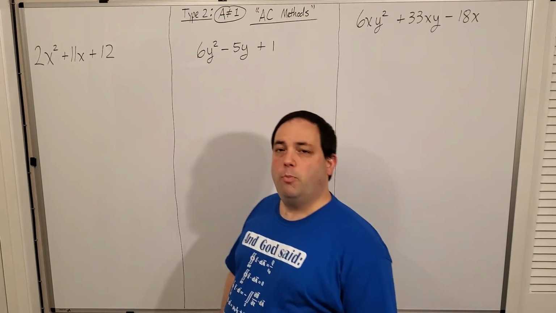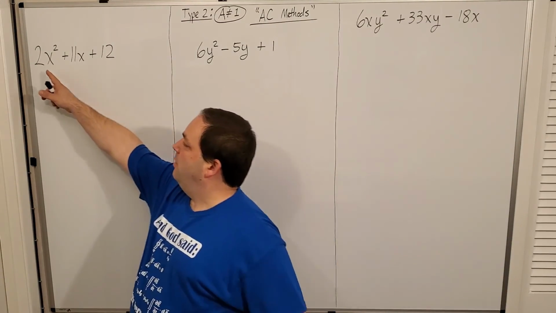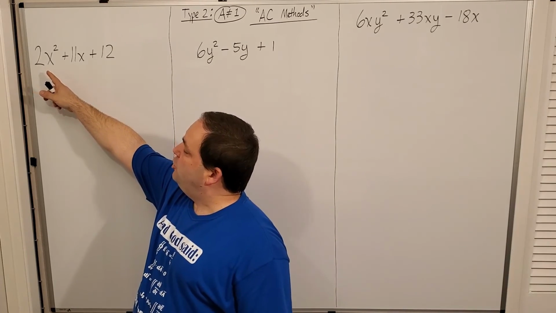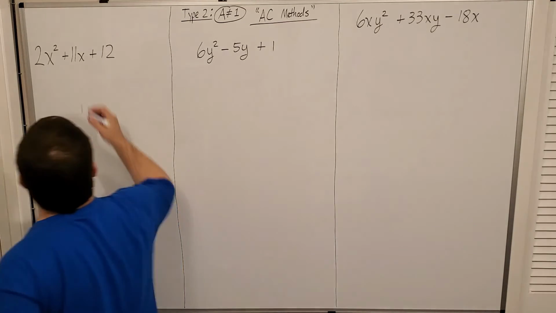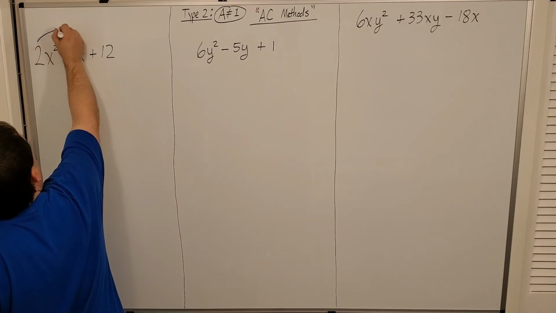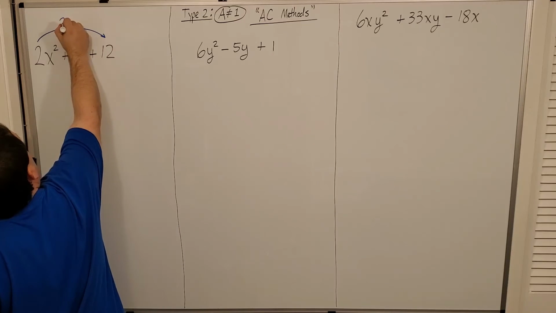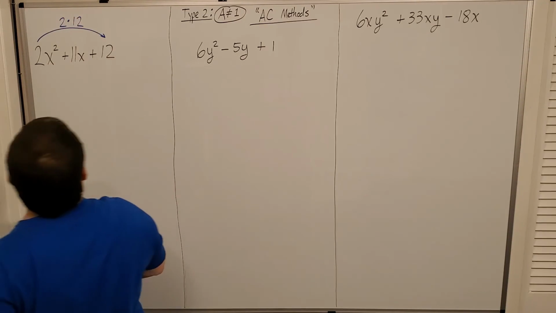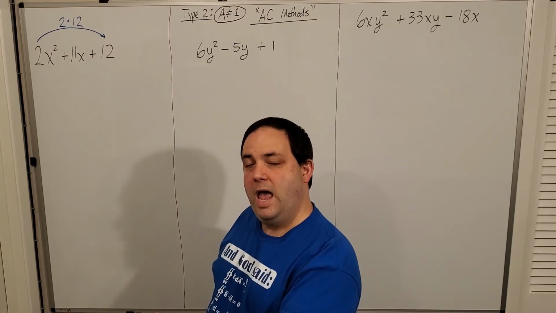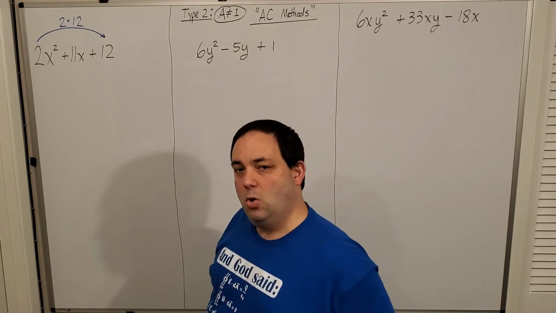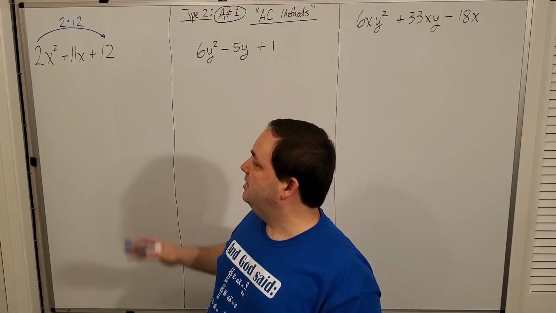So I need to incorporate this front number called A, and I'm going to do that by multiplying A times C, right? So 2 times 12. And that's why it's called the AC method, because I'm multiplying A times C. And that's always how you're going to start these things.